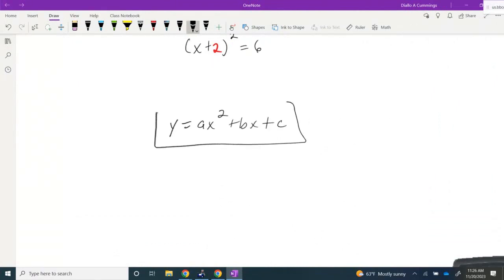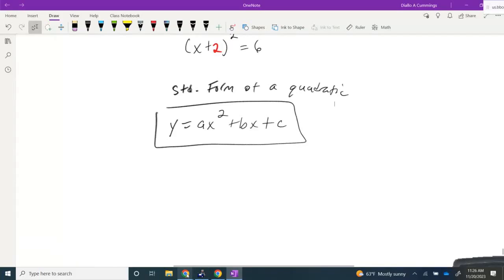This would be the standard form of a quadratic. And when you graph a quadratic equation, the shape it produces is a parabola, a U-shaped curve.